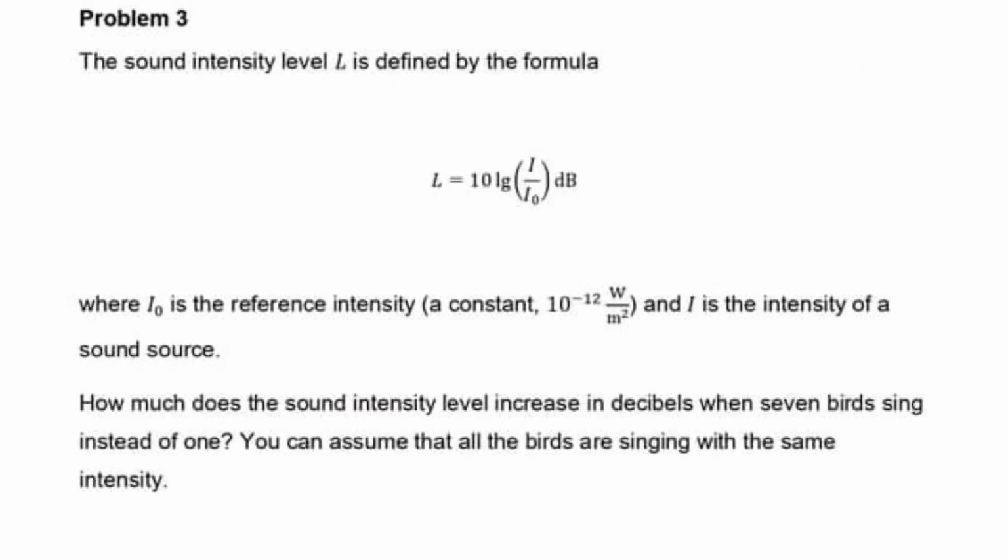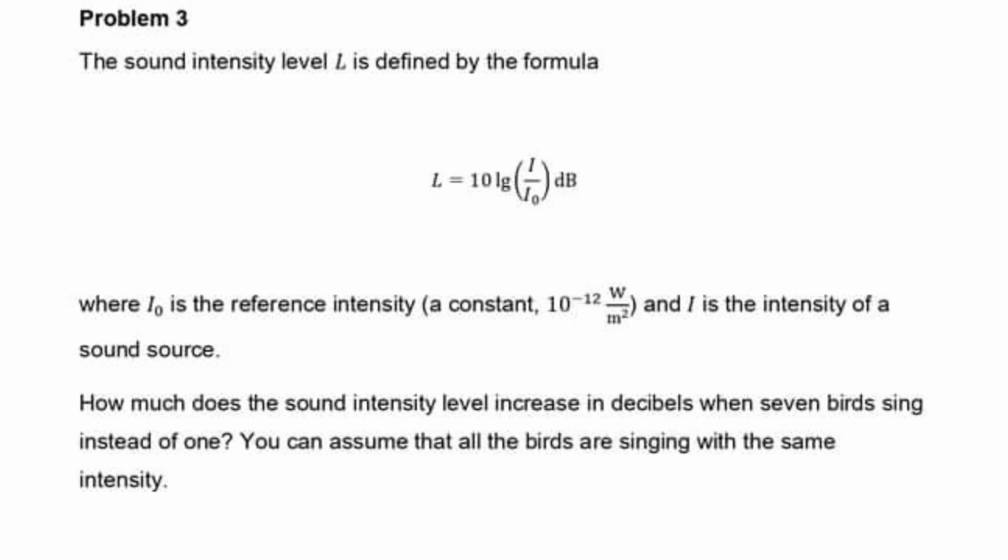Let's move to the third problem, which is from science. Let's read the problem. The sound intensity level L is defined by the formula L equals 10 lg(I/I0) dB, where I0 is the reference intensity, a constant 10 to the power minus 12 W/m², and I is the intensity of the sound source.